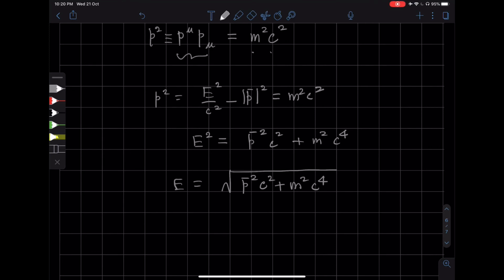So this is the famous relativistic mass-energy relationship. So just note that the relativistic mass-energy relationship implies that when the particle is at rest, that is when p is 0, the energy of the particle is given by mc squared.